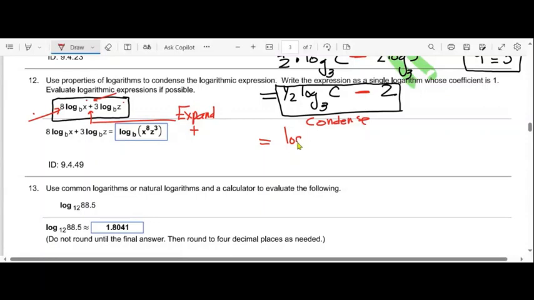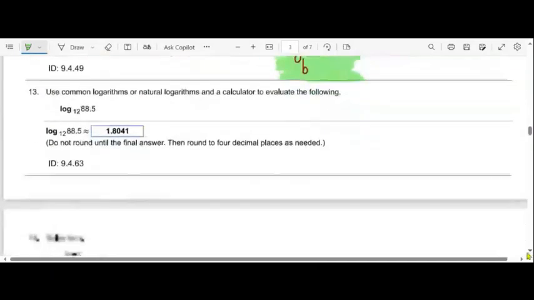It's going to be log. What is the base? B. X to the power of 8 times what? Z to the power of what? 3. Is this clear? Yes.